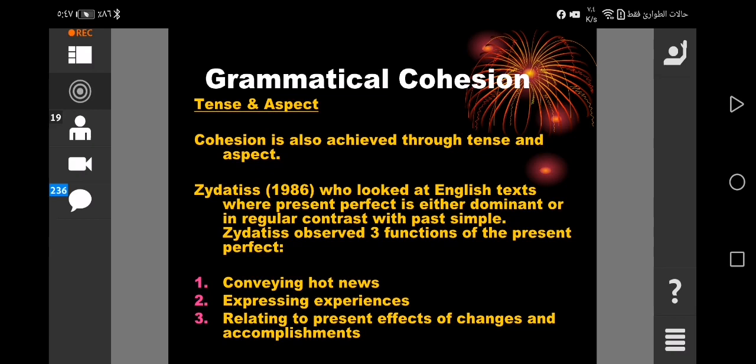Cohesion is also achieved by tense and aspect. By aspect, we mean the verb, right? The verb, its mood structure, whether in progressive or in simple form. So cohesion is also achieved by tense and aspect.